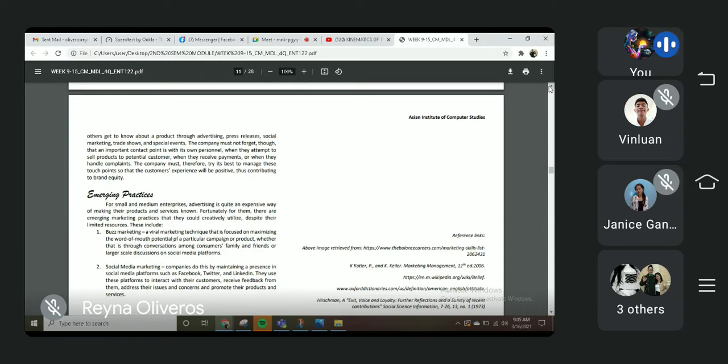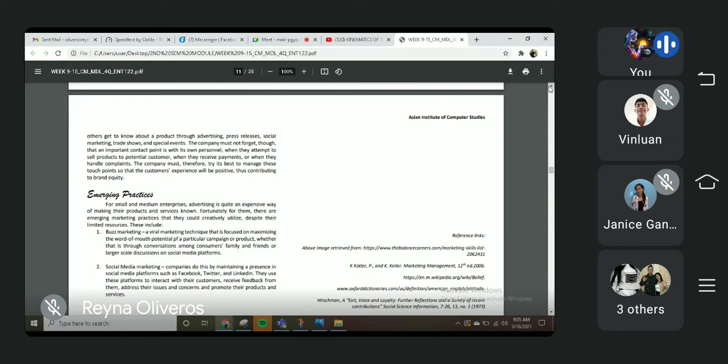Kaya kung mapapansin nyo, most especially this pandemic, ang dami nang nagpo-post ng products, nagre-reseller na, di ba? Kasi napakahalaga na yung company keep on communicating with their customers by posting their products. Na-maintain nila yung presence nila sa social media platforms.